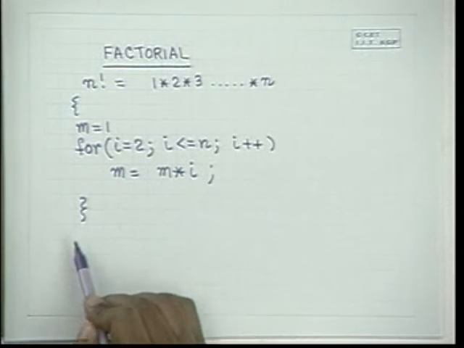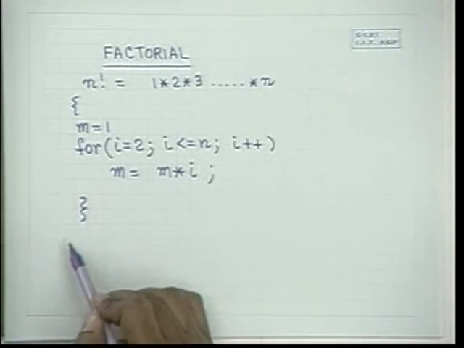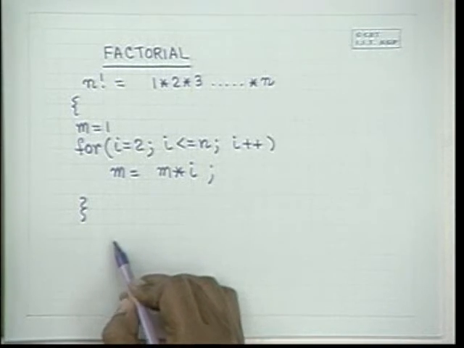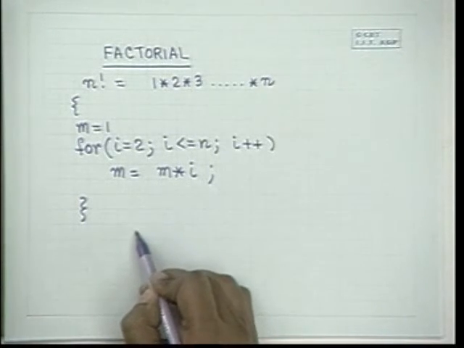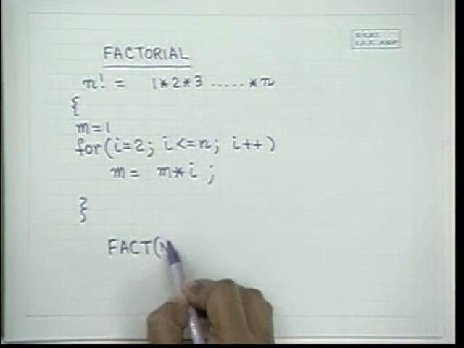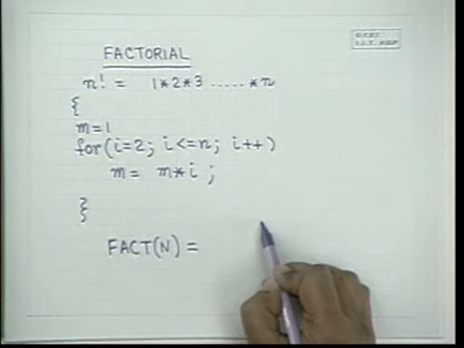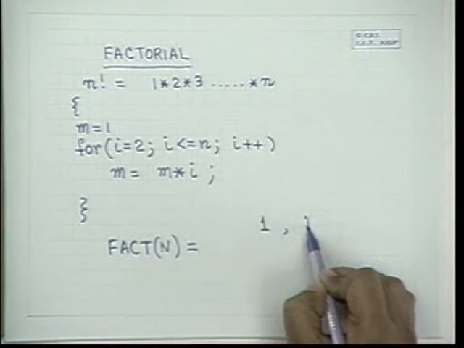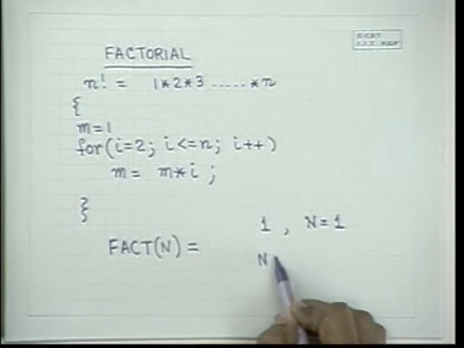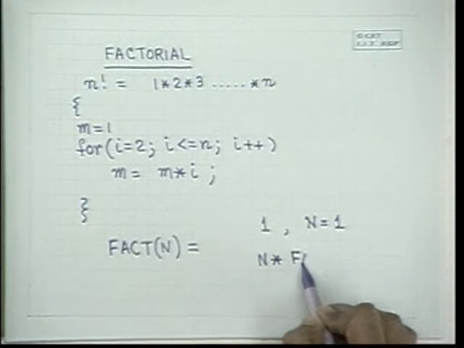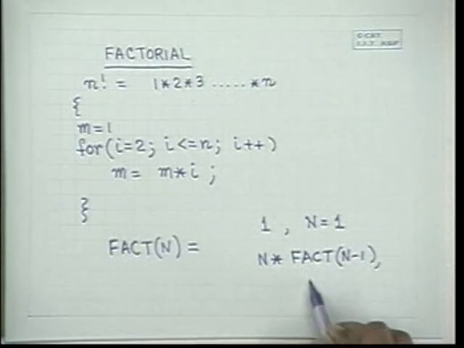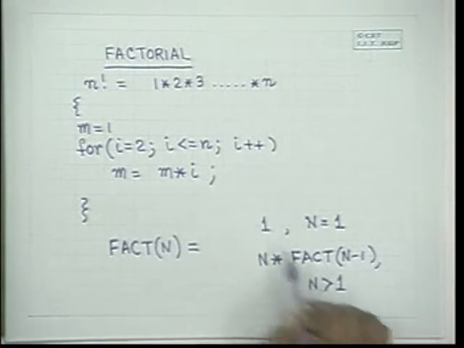However, factorial has another interesting inductive definition. The definition of factorial can be written out inductively like this. Factorial of n is equal to 1 for n equal to 1 and is equal to n into factorial of n minus 1 for n greater than 1.